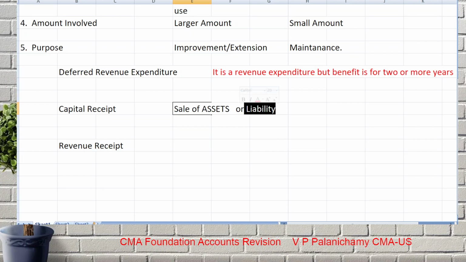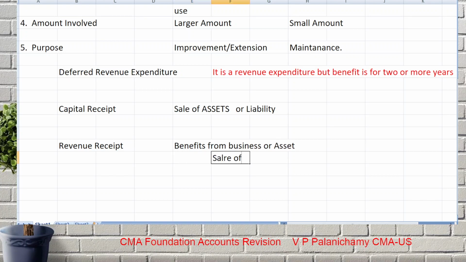Or borrowing money like bank loan or deposits or issuing shares, capital, all of these are what? Capital receipt. Revenue receipts are nothing but benefits from business or asset. Okay, simple.